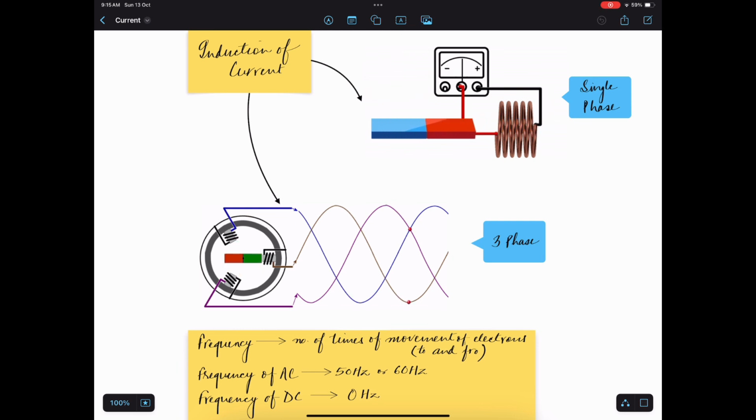So when the red part of this magnet is aligned with one of the magnets, you can see that at that time the current is at the positive side, or positive high, of this waveform.